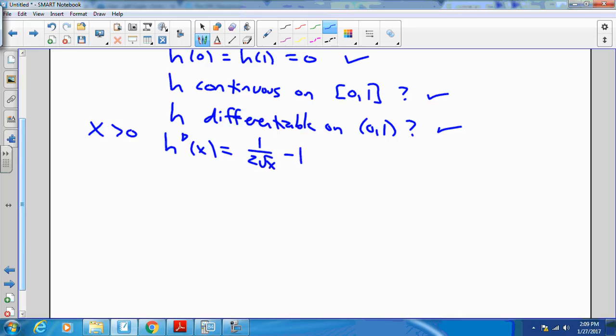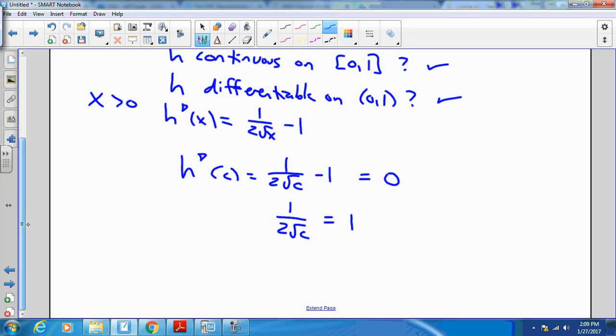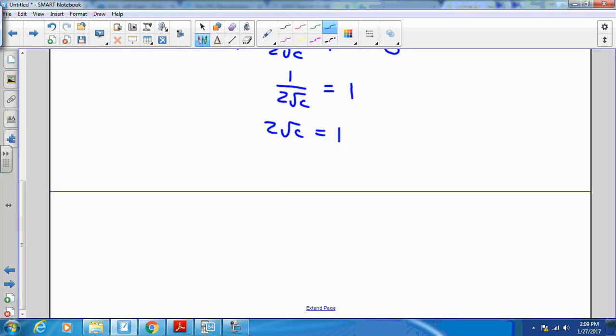So if I now want to find the guaranteed point of horizontal tangency, I can go hunting for it. h prime of c is 1 over 2 root c minus 1. Set that equal to 0 to find horizontal tangents. Add 1 to both sides. Flip both sides. Divide both sides by 2.